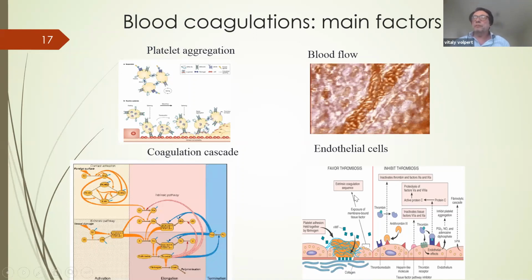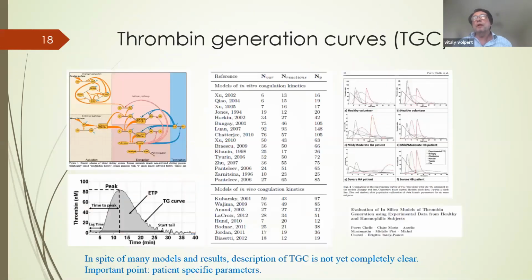There are many other factors, in particular, the blood vessel wall participates in this process with many different regulatory mechanisms, and also blood flow influences clot growth. And again, it's a very big domain with many works and many different modeling approaches.